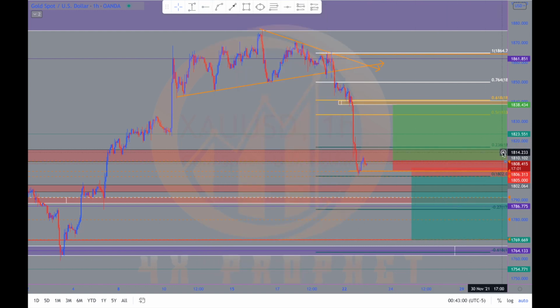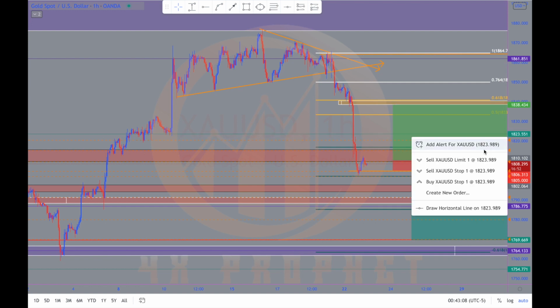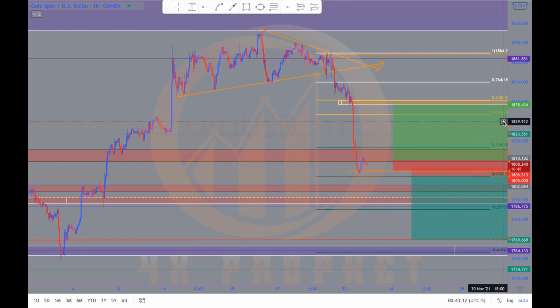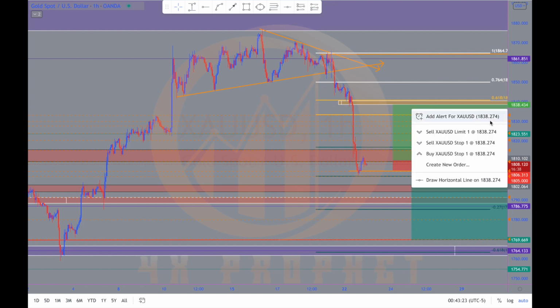So 1810, and we'll have 1815, 1820, 1823, 1827, 1830. These will just be my TP levels. Help me with moving stops and profit, or deciding if I want to close the trade or not.